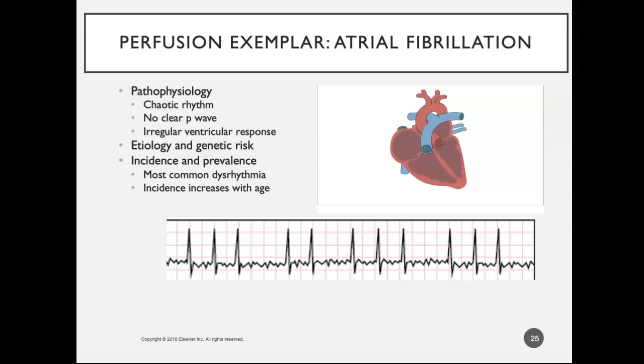The problem occurs when a lot of those fibrillation impulses make it through to the ventricles, and you get what's called rapid ventricular response. So instead of a rate of 80 to 90 or even 60 or 70, the ventricles are trying to catch up with all that fibrillation, and you'll see rates higher than 150, 160.